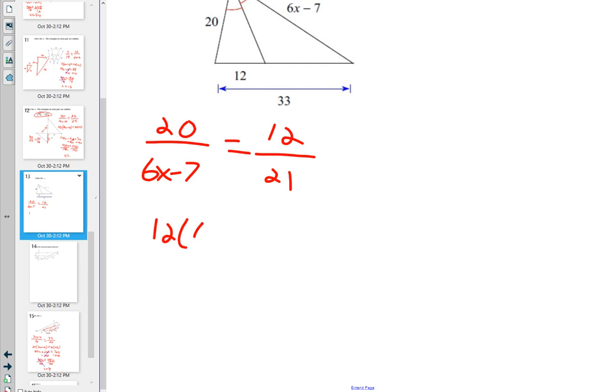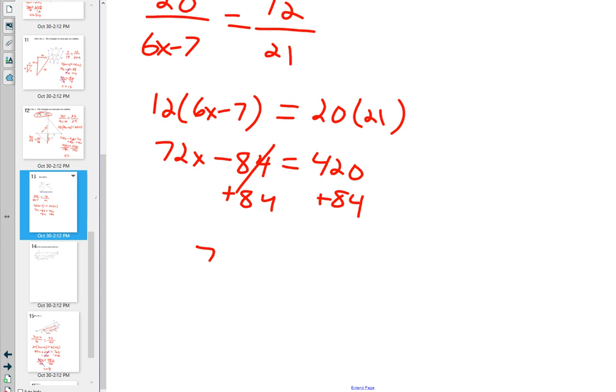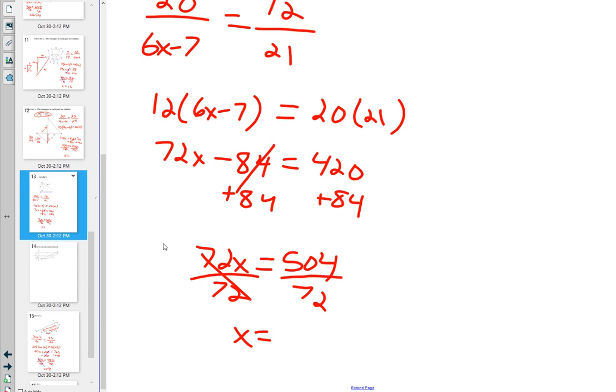So 12 times 6x minus 7 is equal to 20. So 72x minus 84 equal to 420 again. Plus 84, plus 84. 72x is equal to 504. Seven.